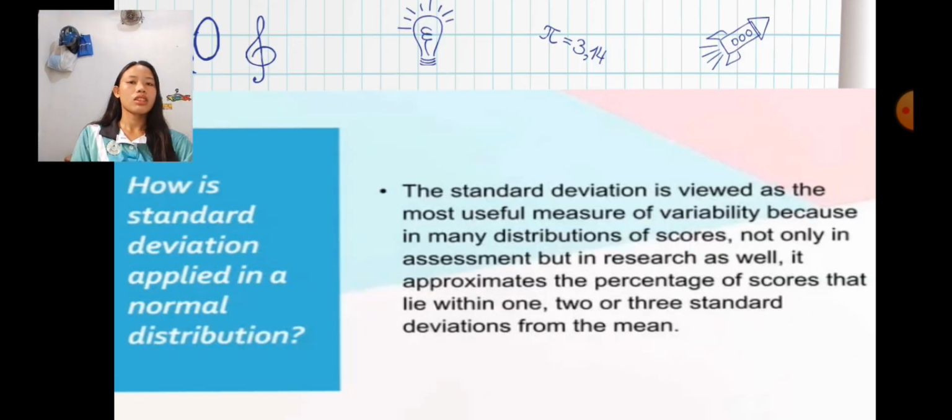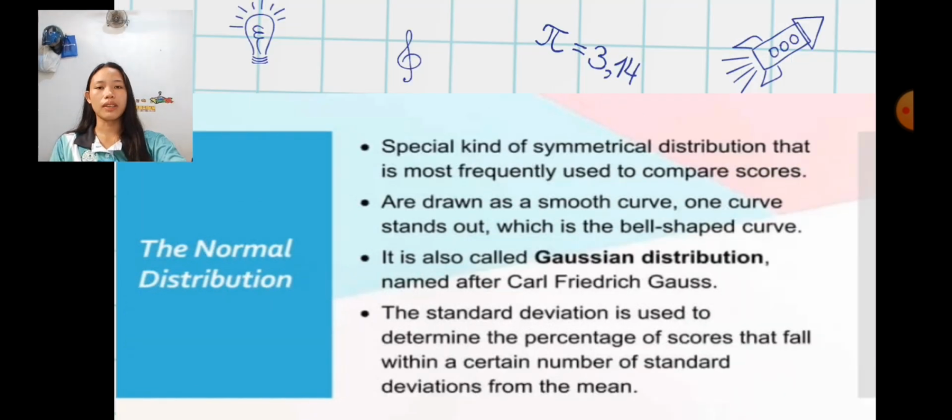Next, we have the standard deviation applied in a normal distribution. How is standard deviation applied in a normal distribution? Let's find out. The standard deviation is viewed as the most useful measure of variability because in many distributions of scores, not only in assessment but in research as well, it approximates the percentage of scores that lie within 1, 2, or 3 standard deviations from the mean.